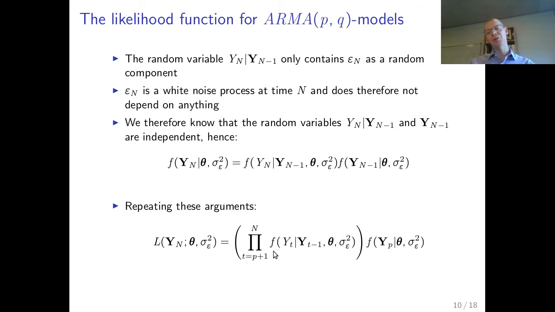We cannot go any further back because we need the first p observations, where p here is the order of the AR model, in order to make the prediction. So we need to deal with this out here on its own, but typically p is much less than n, so it's a much simpler density we have to look at out here, whereas all these here are just univariate distributions.